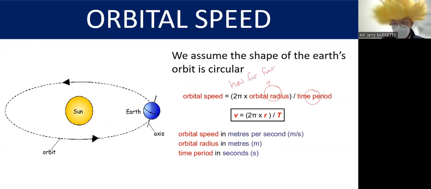The time period is how long it takes the planet to go once around the sun. Does that make sense? When you say how long, it's not a distance, hey, it's a time, in this context.